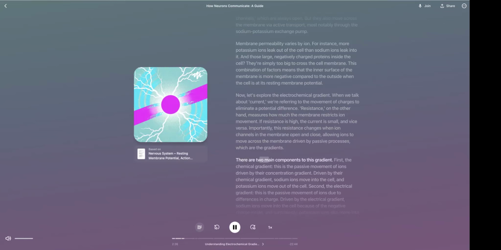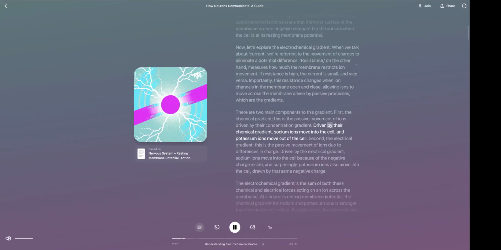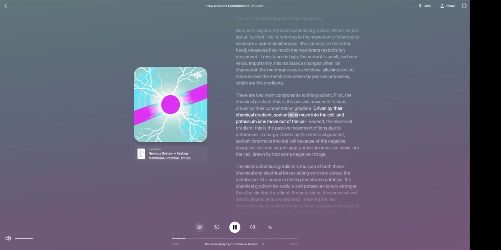There are two main components to this gradient. First, the chemical gradient. This is the passive movement of ions driven by their concentration gradient. Driven by their chemical gradient, sodium ions move into the cell and potassium ions move out of the cell. Second, the electrical gradient. This is the passive movement of ions due to differences in charge.